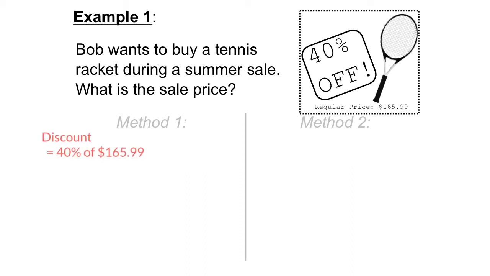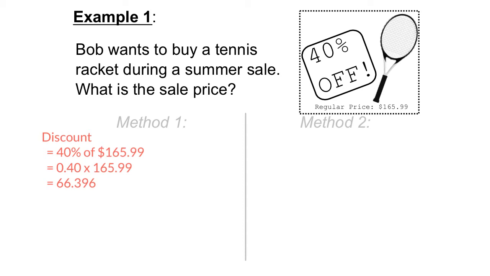So in the first method, the first thing I'm going to do is calculate the discount. Well, it's 40% off, so I'm calculating 40% of the regular price. So to calculate a percent of a number, I take the percent as a decimal and multiply by the number. And when I do that calculation, I end up with 66.396.